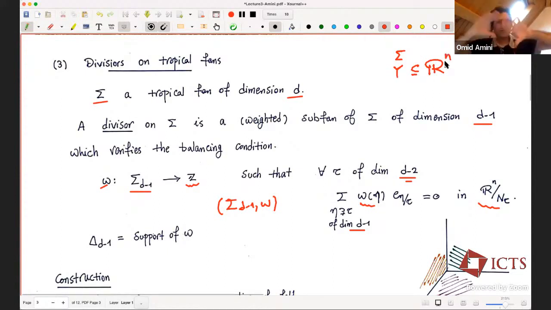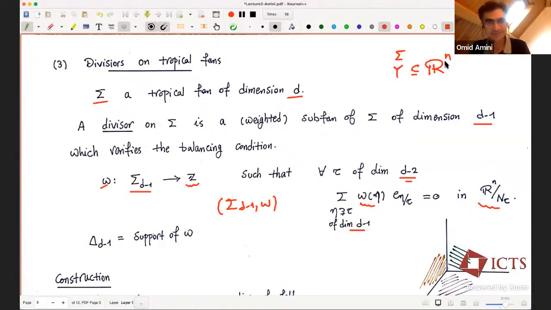So the dimension of the ambient space usually is different. Otherwise, everything that I'm going to tell is already known. Because in the case where the fans have full support, everything comes from algebraic geometry somehow. But this is purely polyhedral. I mean, there are some connections.